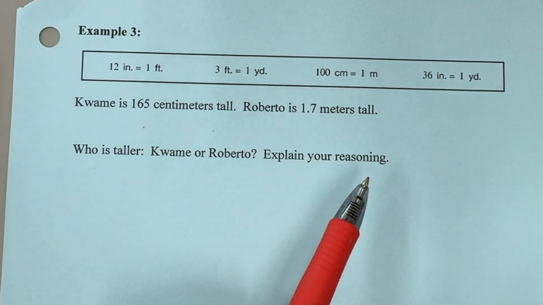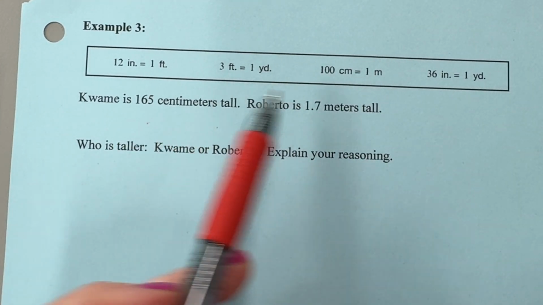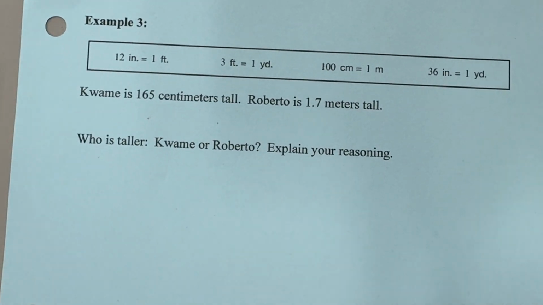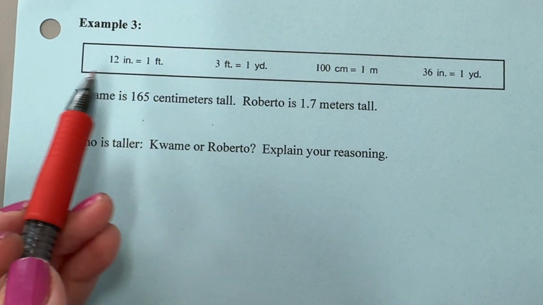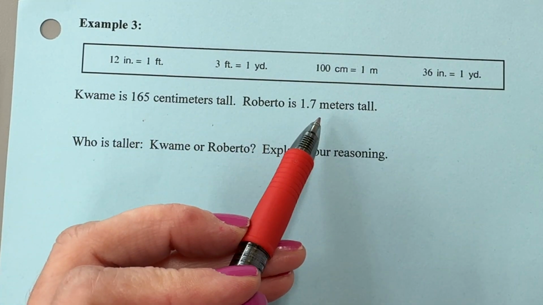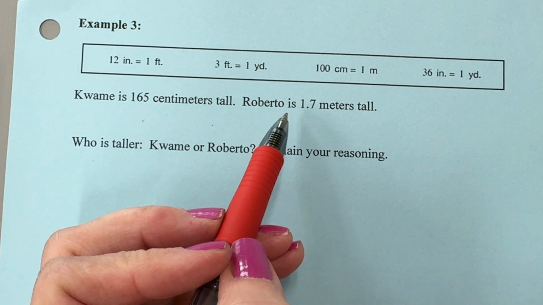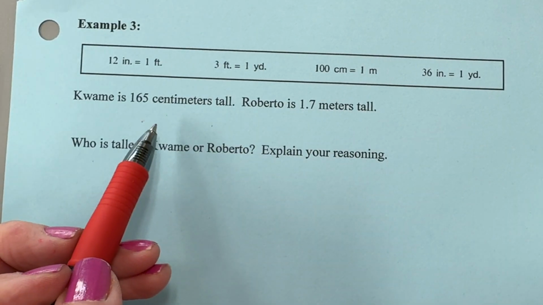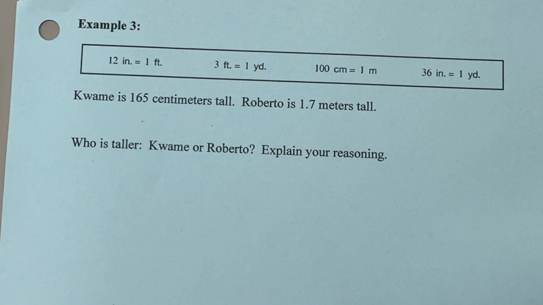Explain your reasoning. Well, we can't compare these. We have a choice to make here. We can either change Kwame to meters, or we can change Roberto to centimeters. Either way.